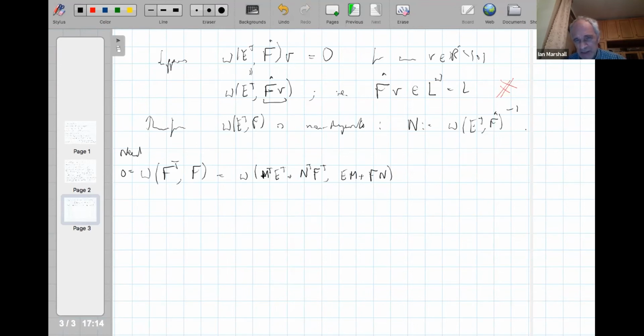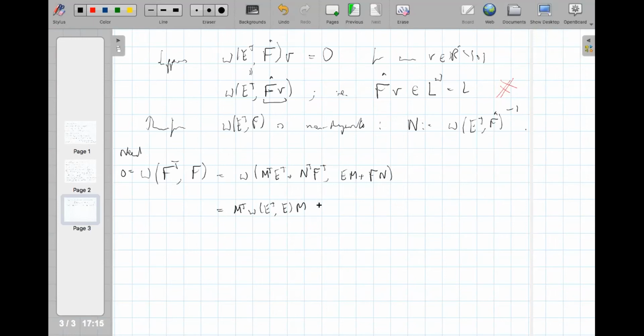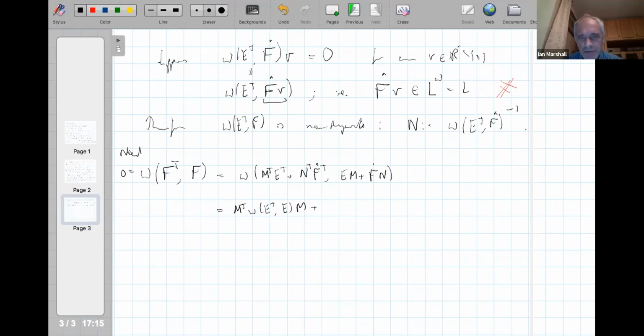You could just think of it, if you expand it, you'll just have lots of indices. So if I multiply this out, I get M transposed omega E transposed E, which is 0. Plus, I'm sorry, we should have hat on F probably. Thank you. Yes, you are absolutely right, Anton.